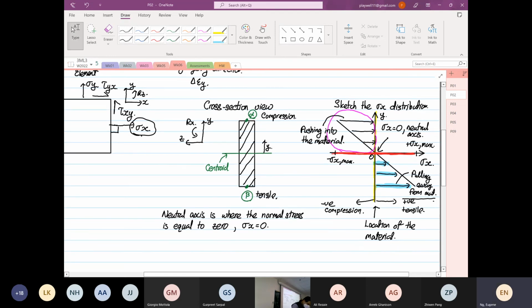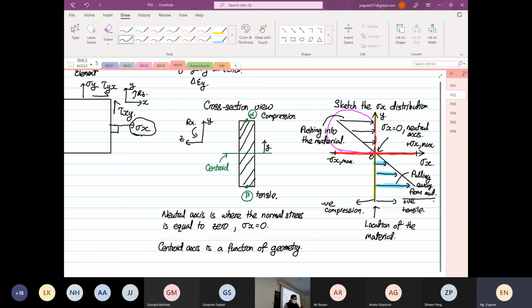The centroid axis is a function of geometry. For this case, where we know that this is a centroid, the area at the top and the area at the bottom is equal.